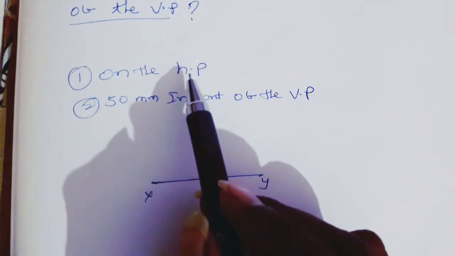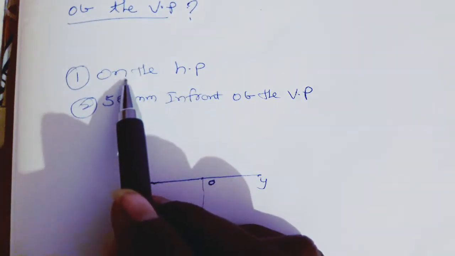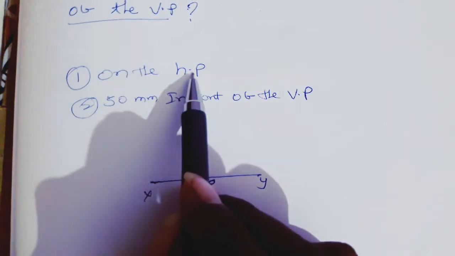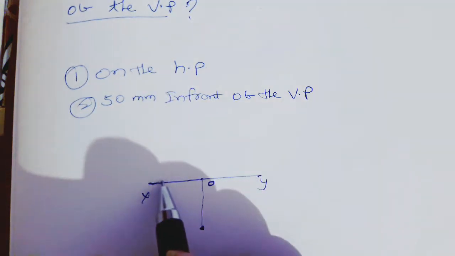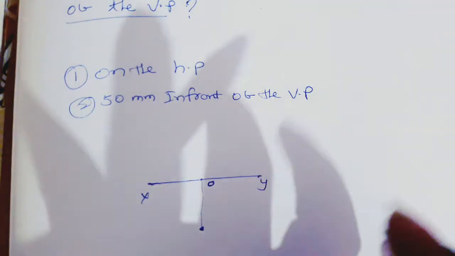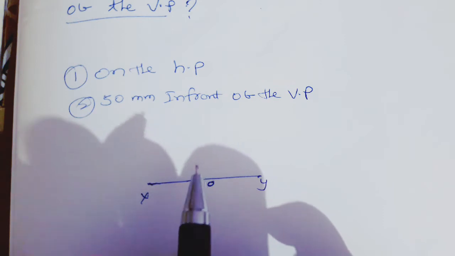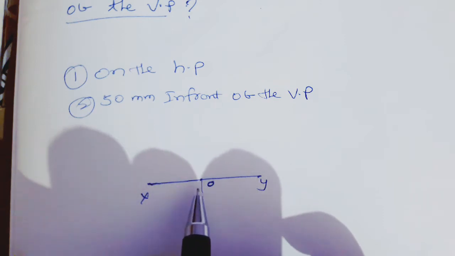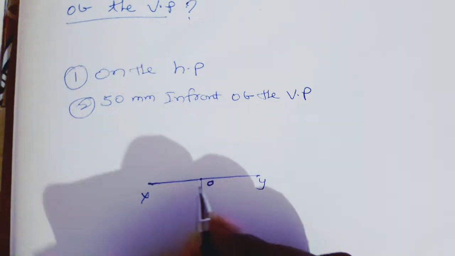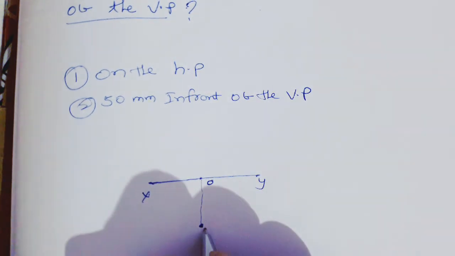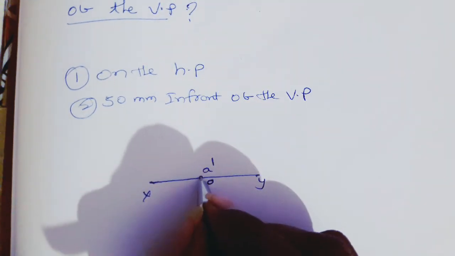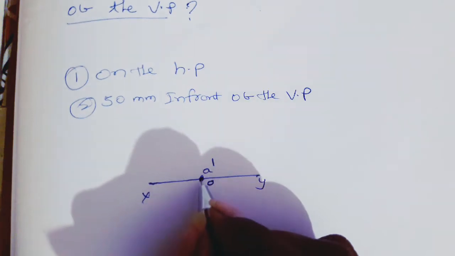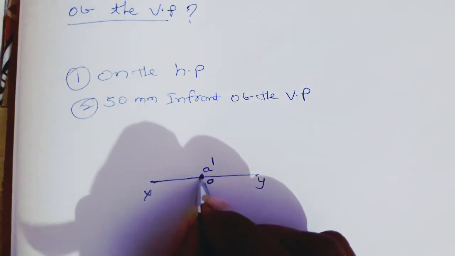If he gives on the HP or on the VP, then the position of the point will be on the XY reference line only. Nothing but this is A, this is A dash. The position of the point is on the XY reference line itself.